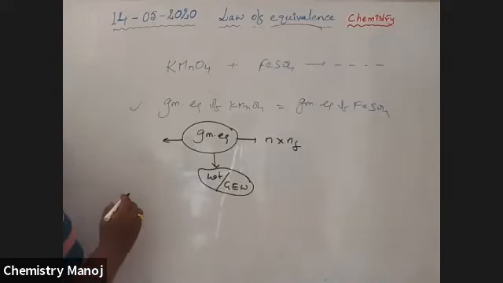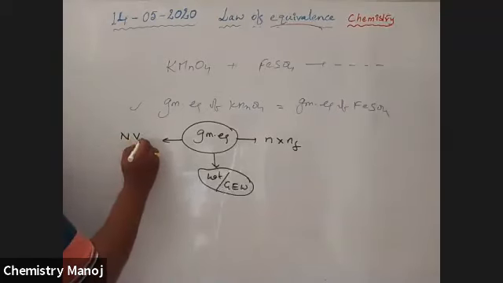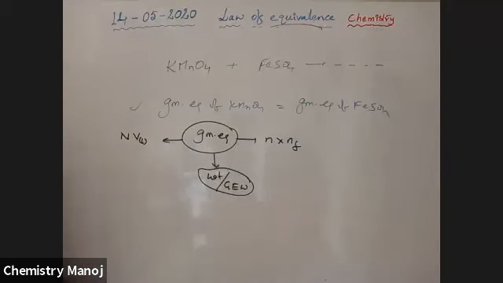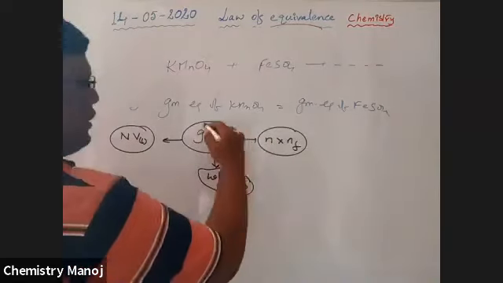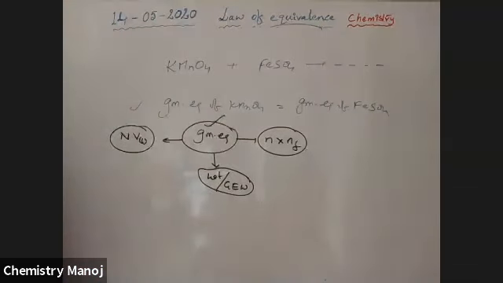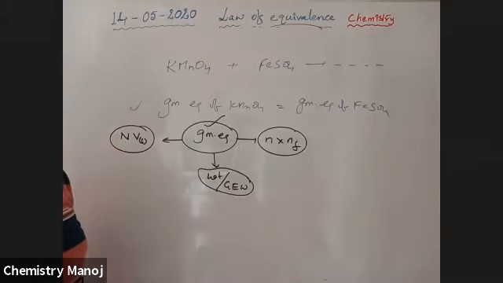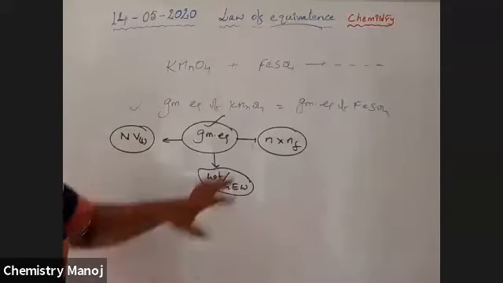The same gram equivalents are also calculated using the formula normality of the chemical into volume in liters. So these are the three different formulas used to calculate gram equivalents of the substance. Okay, it is very important.